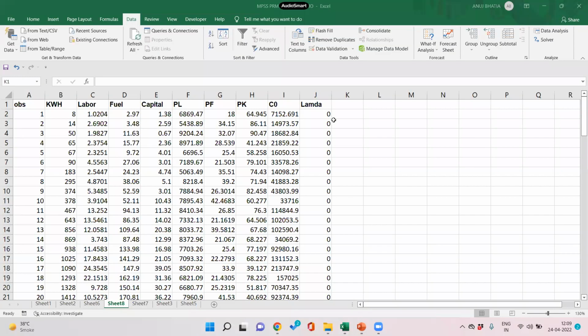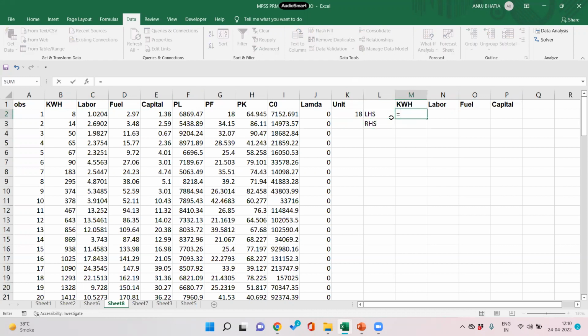So let us see in Excel. Say we are doing for unit number 18. Let me copy the headings so that we can formulate the left hand side and right hand side of the constraint.